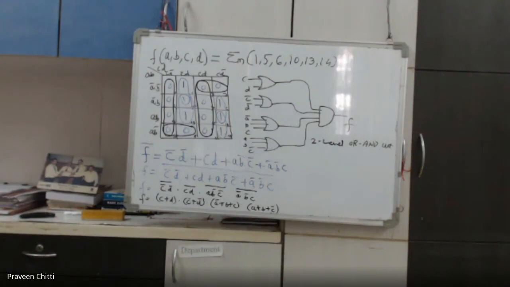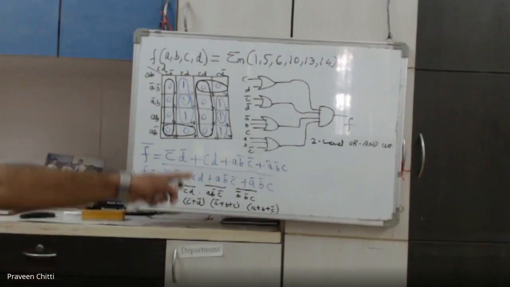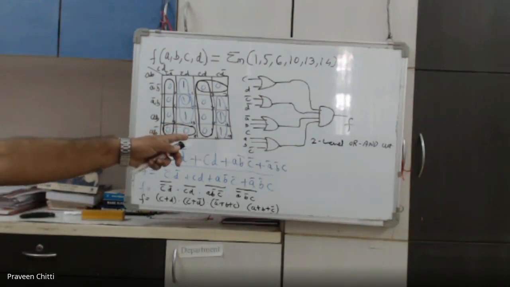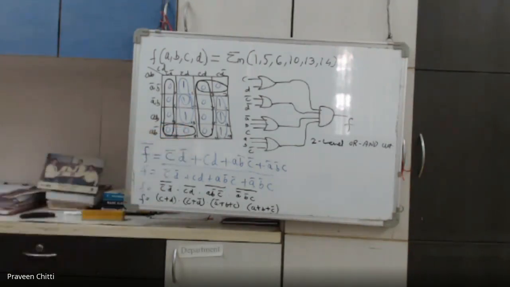When you go for a 3-level OR AND circuit, you have to see that the AND gate requires how many inputs? In the 2-level OR AND circuit, the fan-in of the AND gate you have used should be minimum how much?